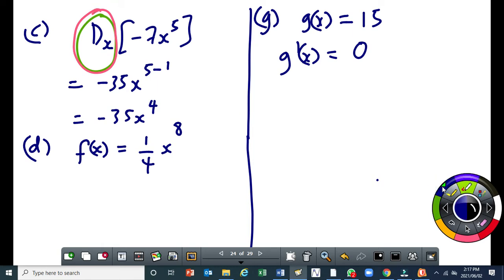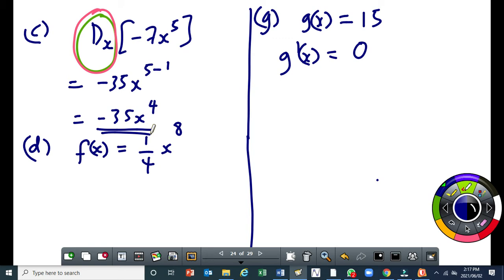So that's a monomial. So it will be the exponent times the constant, that will give me minus 35, x to the power of 5 minus 1, which means my final answer will be minus 35x to the power of 4. As you can see, I'm using my knowledge of exponents a lot. To find the derivative, you have to know your exponents.